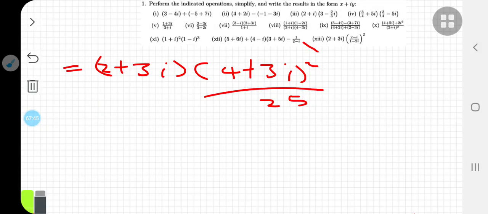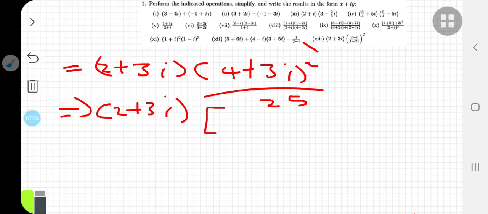So now, if I work on this part, I'm going to have 4 squared, which gives me 16, then plus 2 times 4, that is 8, then 8 times 3, that is 24.